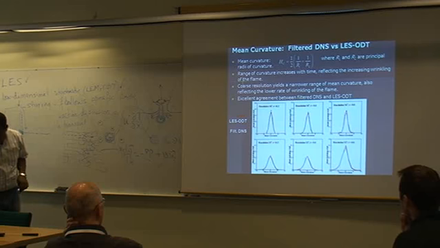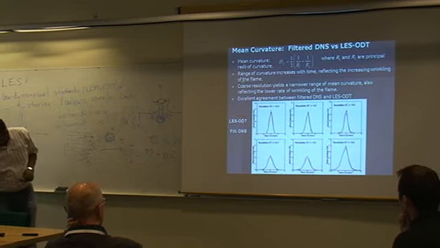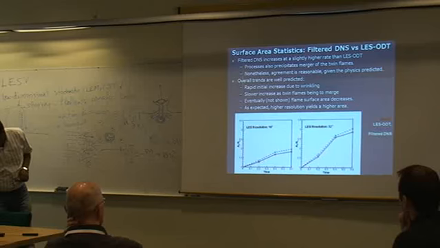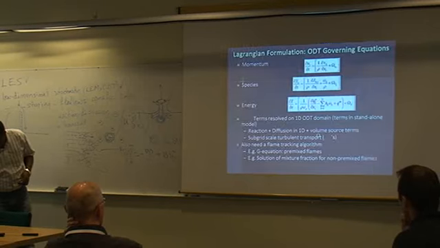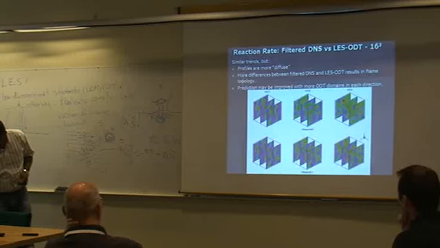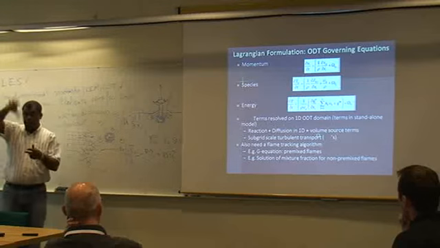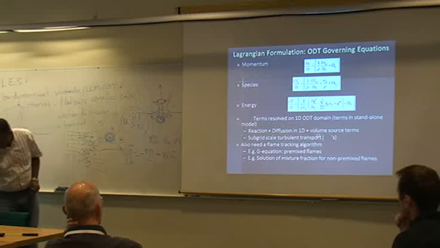I'm showing red and blue that correspond to the DNS and the ODT. So statistically, the model works, and on a case by case basis, of course, it's not going to work exactly. But that's expected. 1D solutions are not the same as filled boxes everywhere with LES.